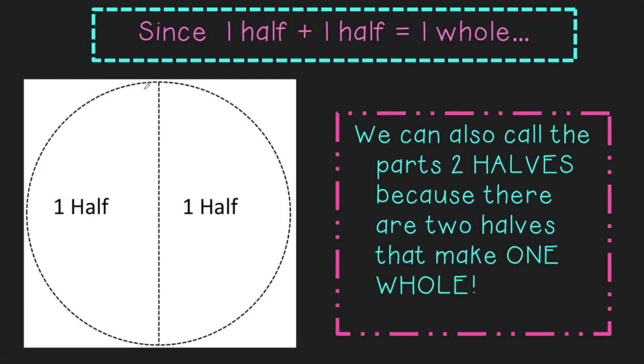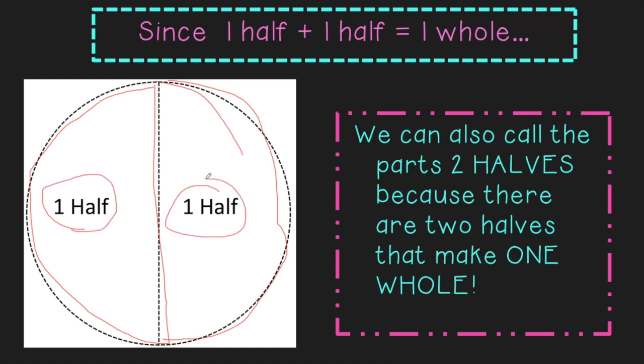So remember, on this side, what we started with, this is one of our halves. Over here on this side is the other half. So we have 1/2 plus 1/2, and that equals 2 of them. So you can call that 2 halves, and that's how you write it right there. So another way to describe 1 whole, if you have 2 parts, would be 2 halves.